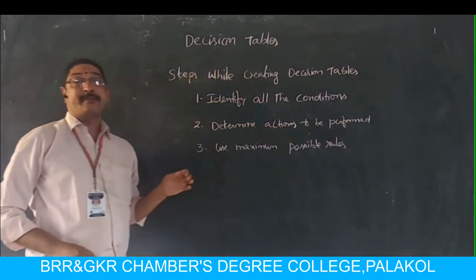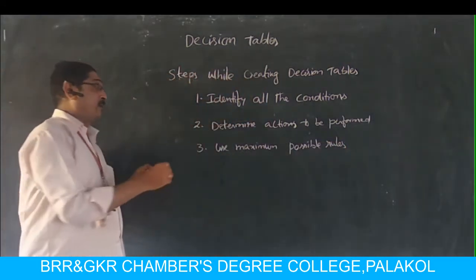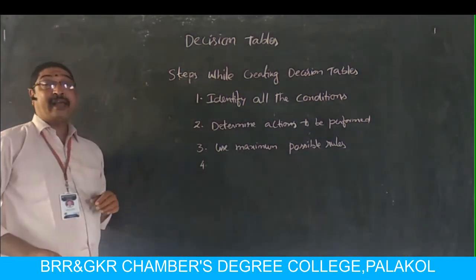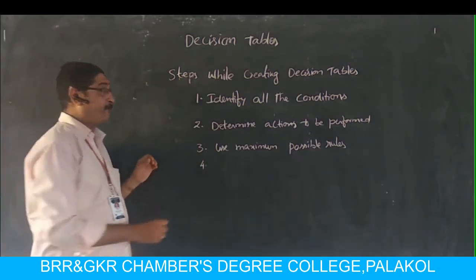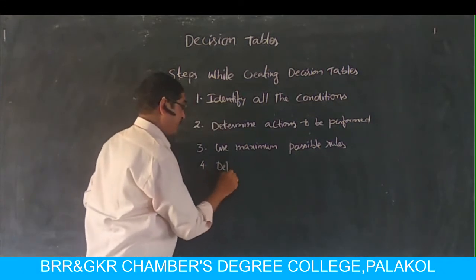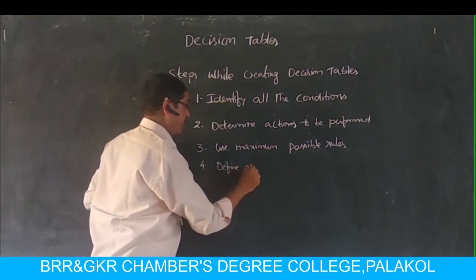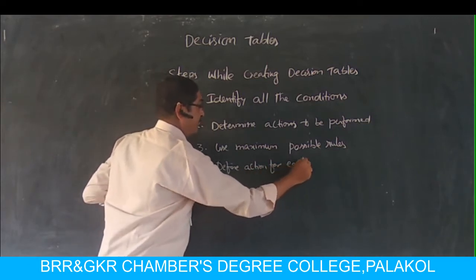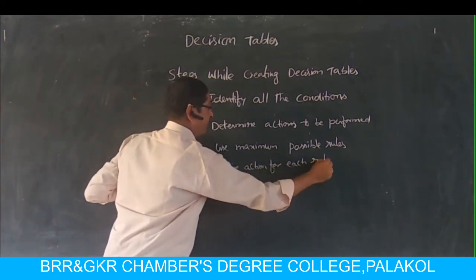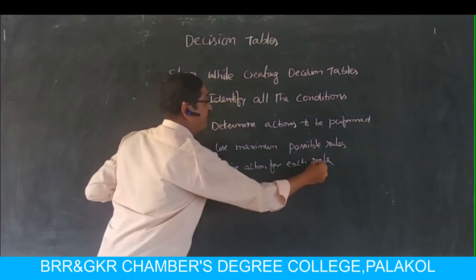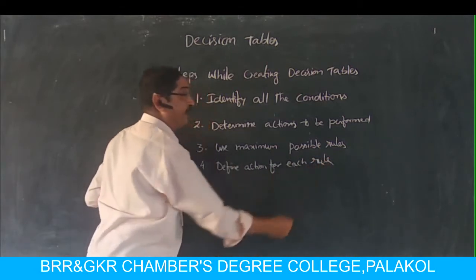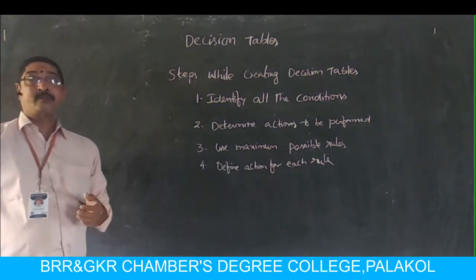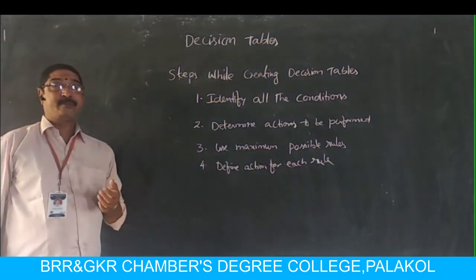Next one, the fourth one, we have to define an action for each rule. These are the points to keep in mind while designing decision tables. Please study these ones.